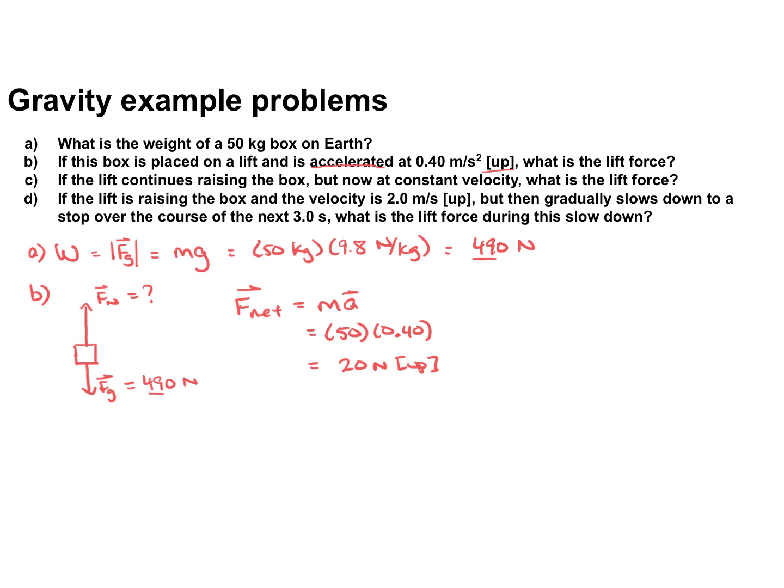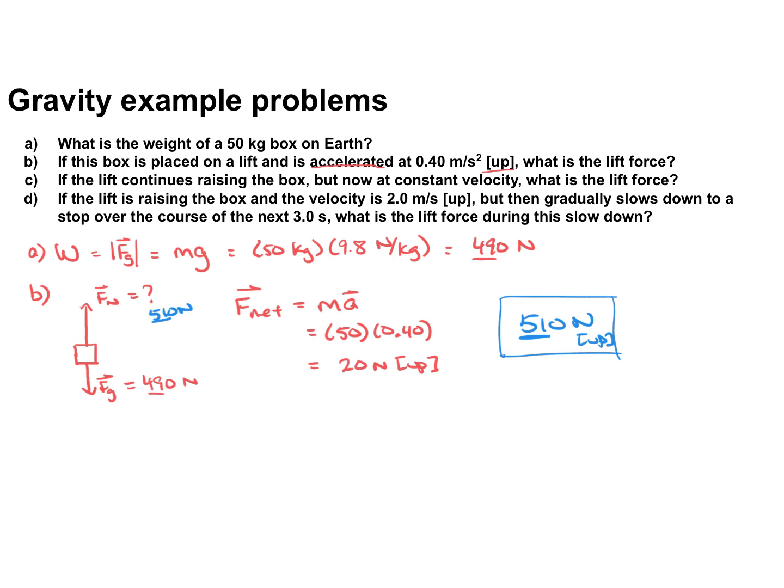It's going to have to be 510 newtons. It has to be. That's how you make a net force of 20. Okay, so my answer is 510 newtons to the tens column. And the direction is up. Yeah, don't want to forget the direction there.